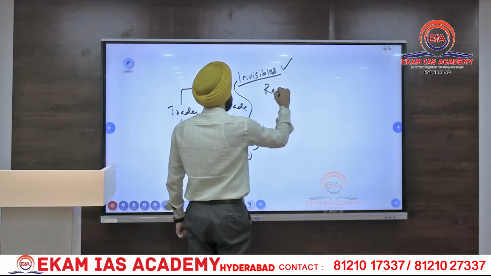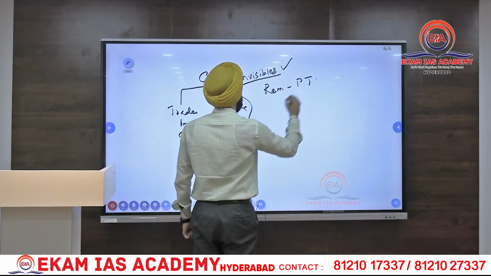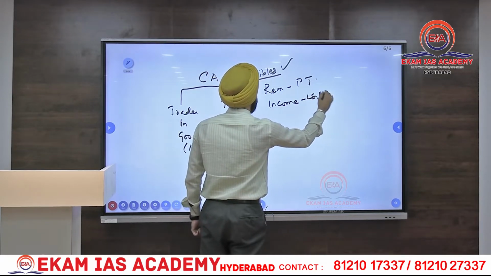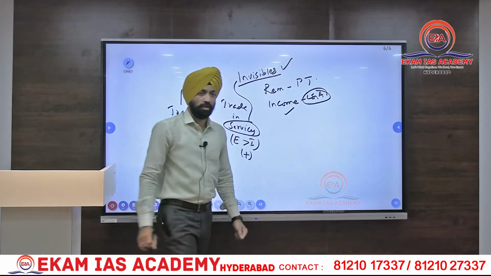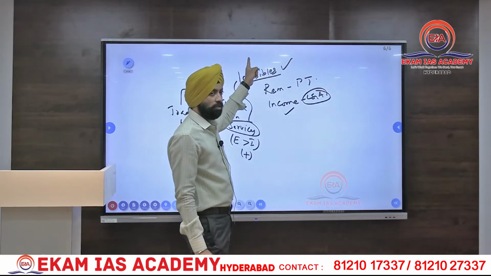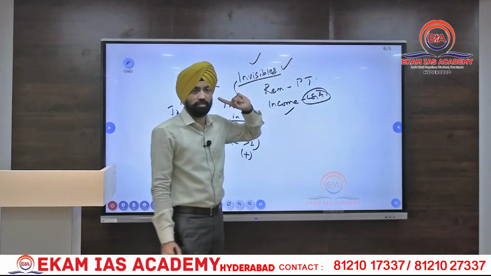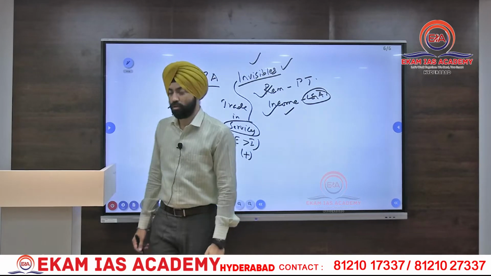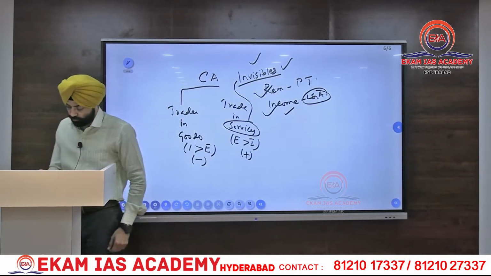The remittances they call private transfers, and the income that we earn from the loans and advances the government has given, they call income. In order, the highest is the trade receivables, that is services, followed by transfers, and lastly income. Okay, very important.